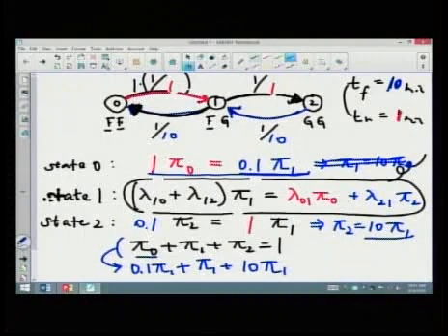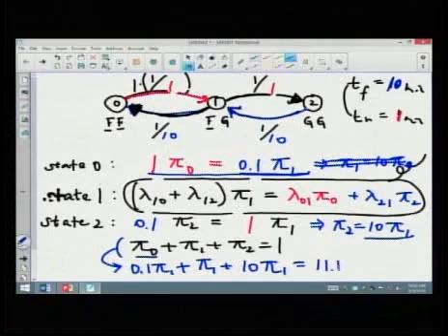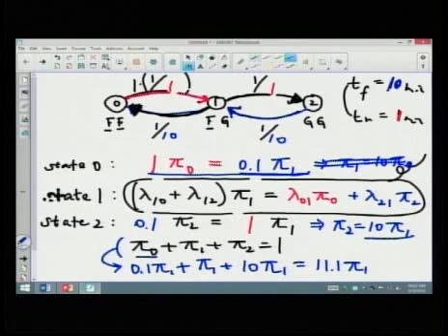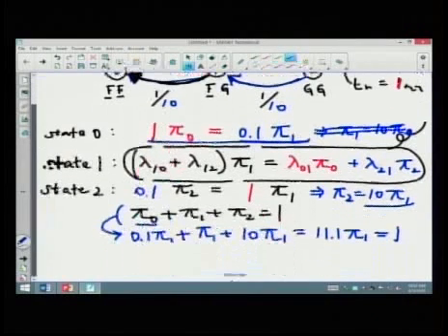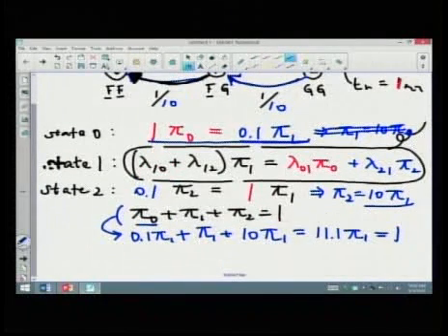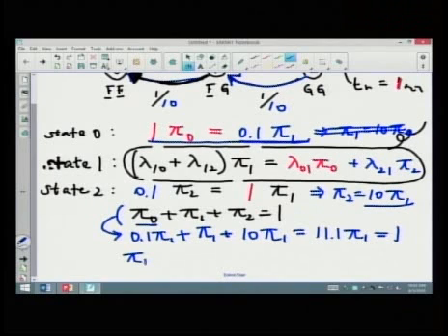So what is this? It's going to be 11.1 pi 1 equal to 1. So pi 1 is equal to 1 over 11.1.